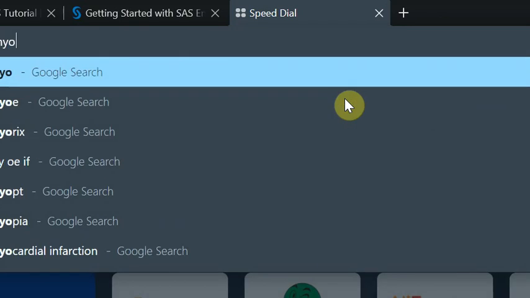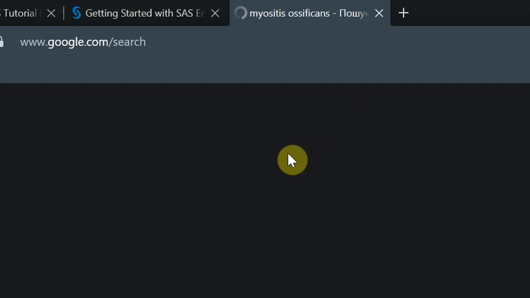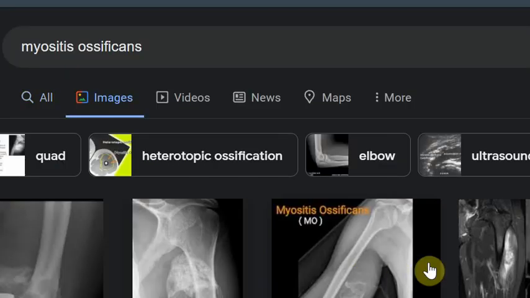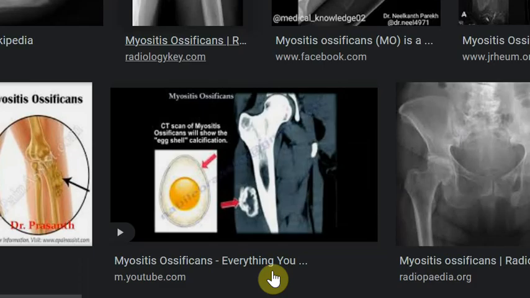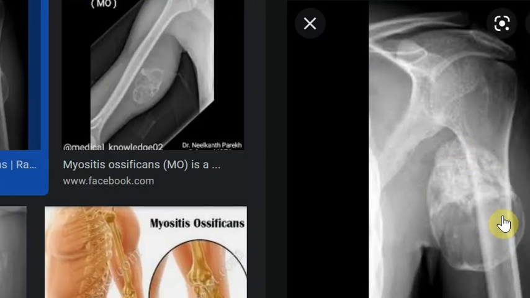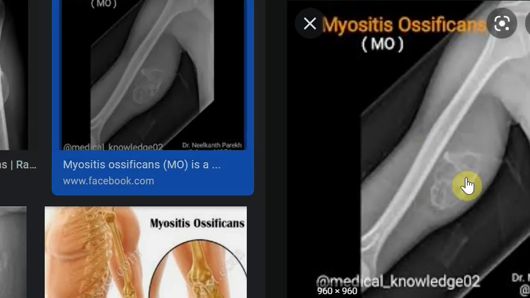So we have a process called myositis ossificans. What does that mean? Inside of your muscles, you take a look at this picture and you can appreciate that there is a weird mass here. So what is the story? They will tell you someone got a trauma. He was traumatized, like he got hit. And after that, he started feeling a mass in his arm, like this one.